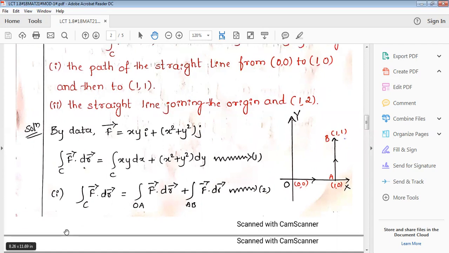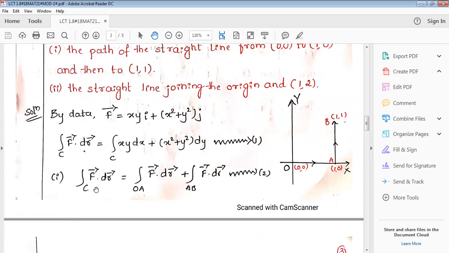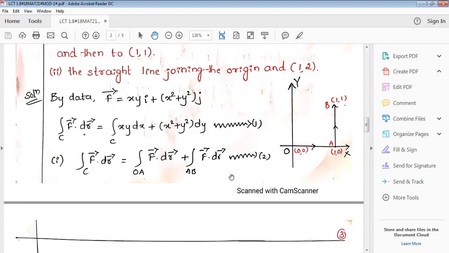Now, first one: what is our curve? C is OA to OB. So we divide this integral into two parts: the integration over OA of F dot dr plus the integration over AB of F dot dr. Call this equation 2.